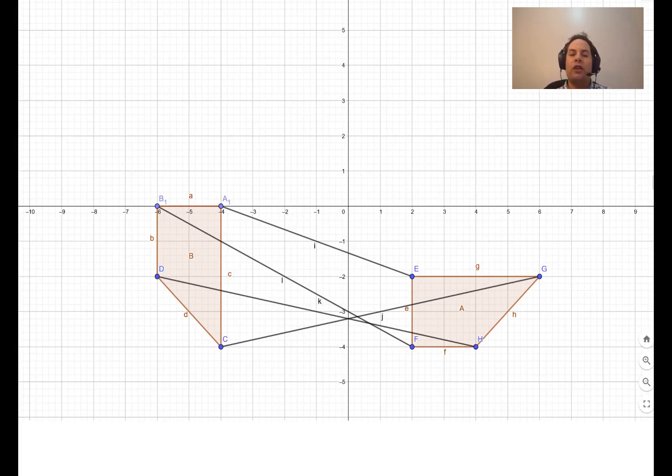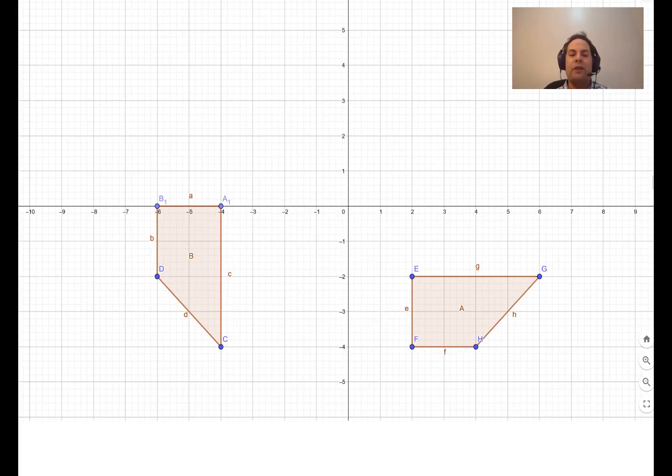This is not rotation 180 degrees. So this is rotation 90 degrees. It's very difficult, I know, to identify the center of rotation of 90 degrees, but you can start to guess which point it is, and use tracing paper to show the center exactly.